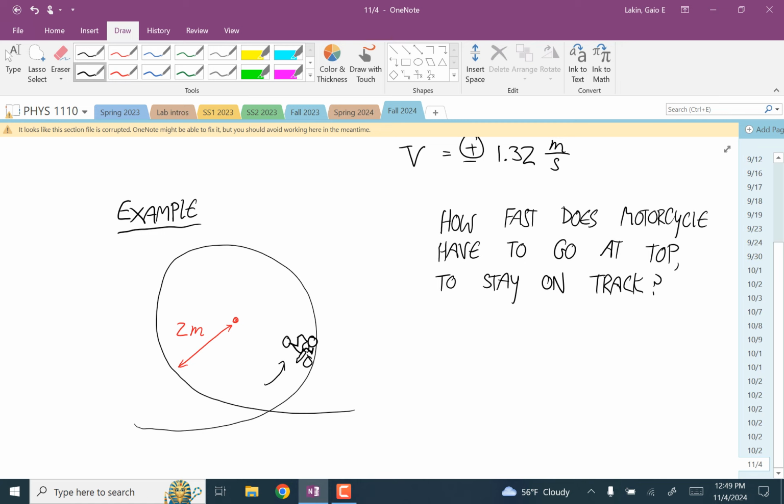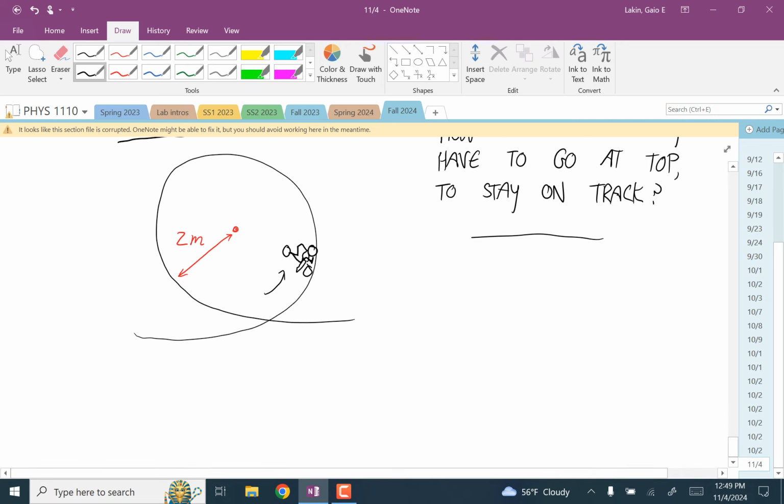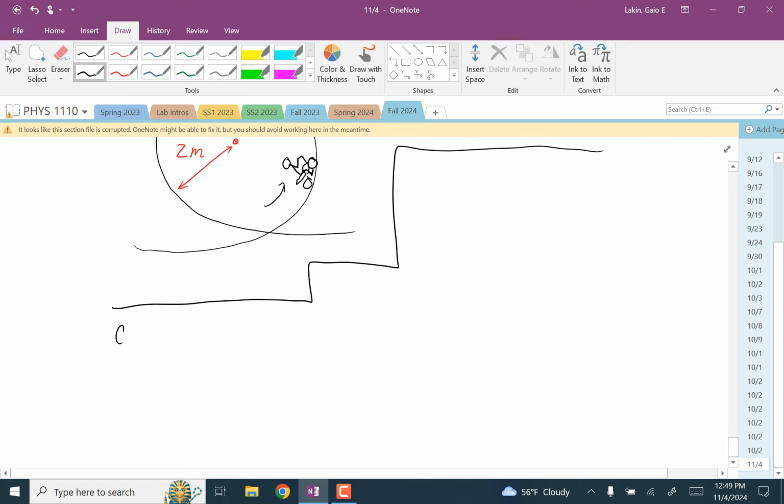Okay, so our cutoff point is going to be exactly when that normal force from the track is 0. So the cutoff speed is going to be when the normal force from the track is 0.